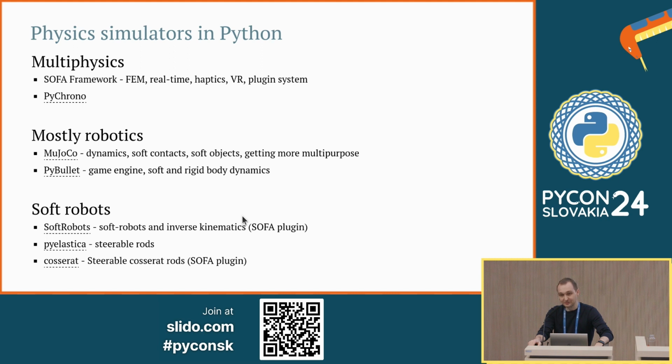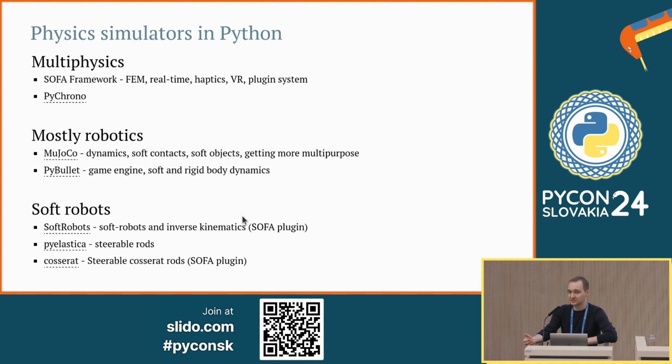So which physics simulators do we talk about? There are multiple ways of simulating physics. There's this multi-physics aspect where you simulate multiple different areas of physics, essentially different phenomena, and try to put them together. There are frameworks like the SOFA framework or PyChrono. SOFA itself is built in C++, and so is PyChrono, but they both have a nice wrapper for Python.